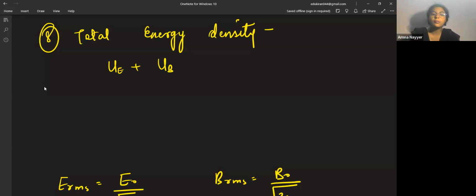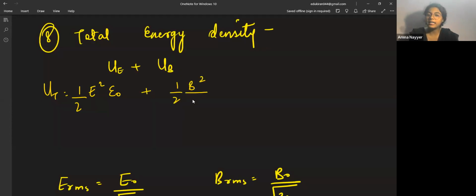You have the electrical one, you have the magnetic one, just add both of them. So this becomes half E square into epsilon naught plus half B square divided by mu naught. Just keep this in mind that permeability will not be multiplied, permeability will be divided.